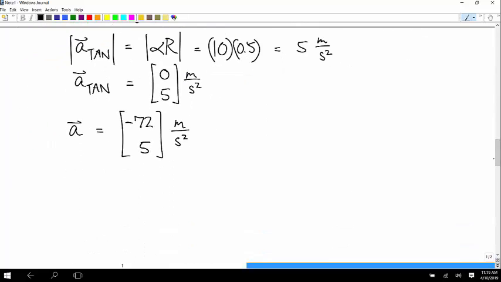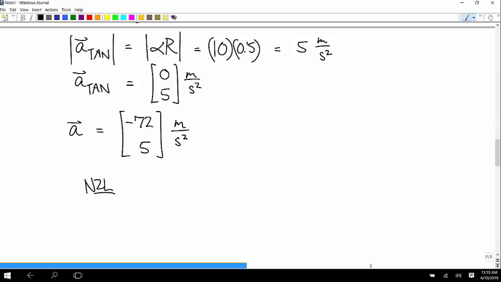And now, normally, to use Newton's second law, we draw a free body diagram, but this is just asking us to calculate the net force, not individual forces. And so Newton's second law says the net force is just equal to the acceleration times the mass.